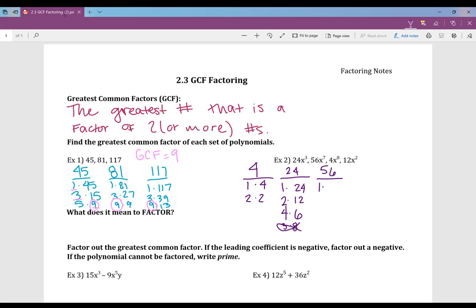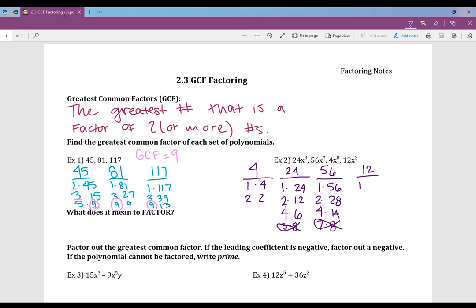For 56, again, we're going to check 1, 2, and 4. So 1 times 56, 2 times 28, and 4 times 14. And again, you could do 7 times 8. However, 4 doesn't have 7 or 8 as a factor, so we don't need to worry about those.